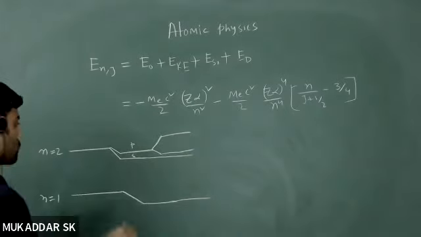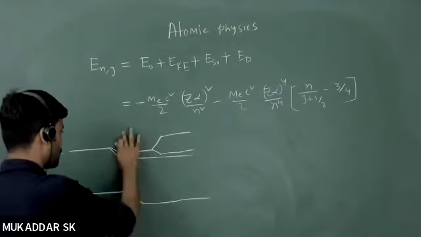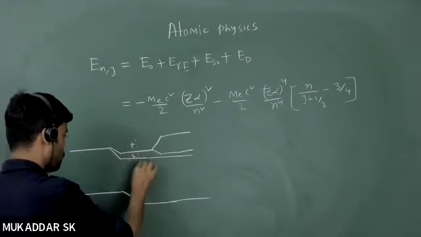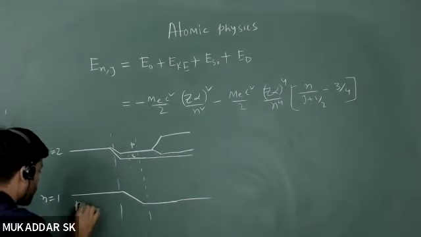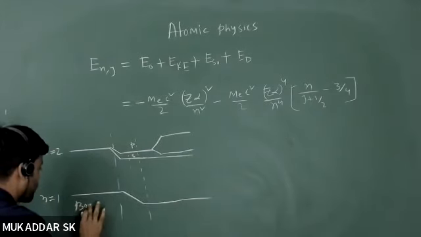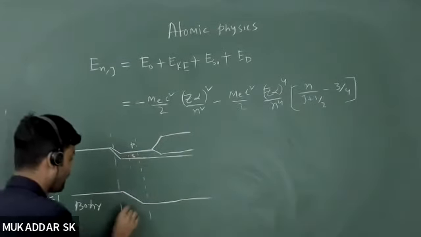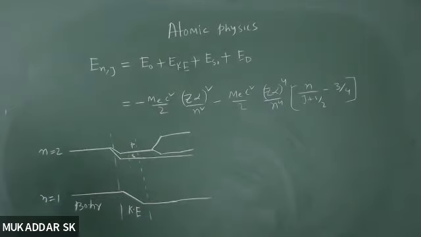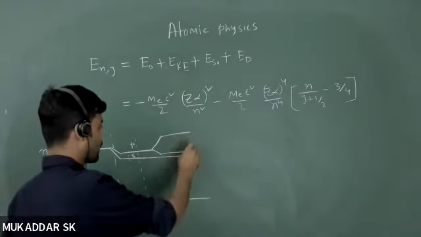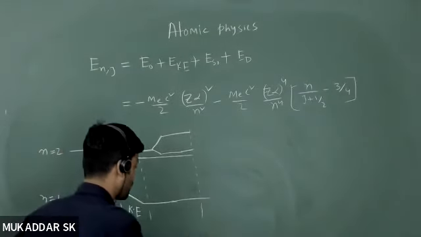Now, up to this is your Bohr energy, right? This shift is due to kinetic energy correction. Then this splitting corresponds to your spin orbit correction.